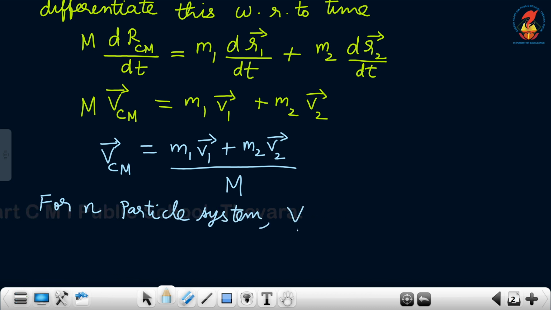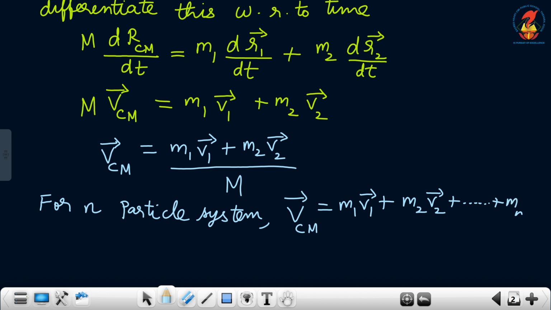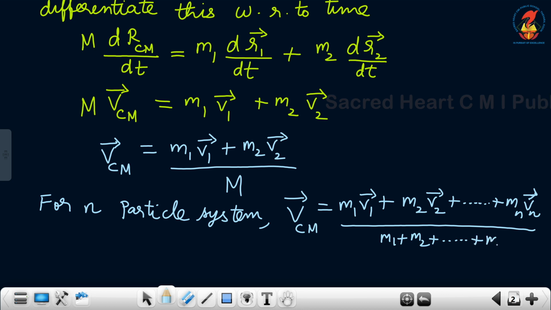The velocity of the center of mass can be written as (m1 v1 + m2 v2 + ... + mn vn) divided by (m1 + m2 + ... + mn). This is the velocity vector of the center of mass for an n particle system.